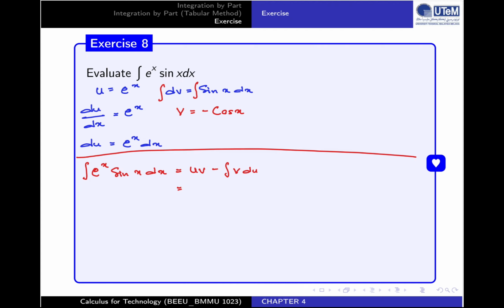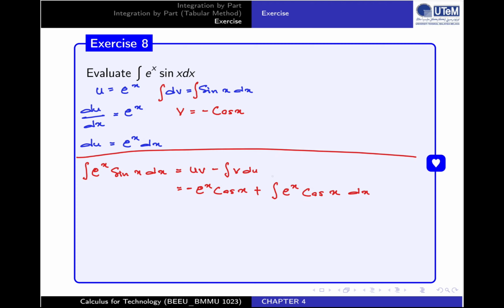So we can get your u equal to exponent x, your v equal to negative cos x, so becomes negative exponent x cos x. Okay, and then minus integrations of v, which is negative here, so it becomes plus. Okay, so exponent x cos x dx.